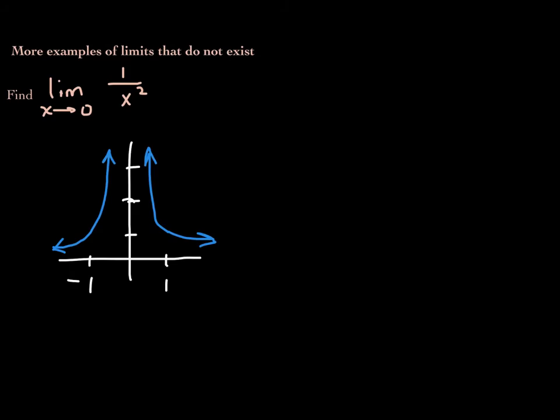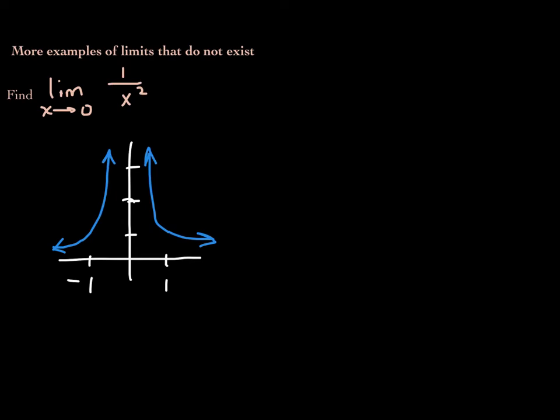Okay, this would be the graph, and you can plug in values if you'd like to get the graph, or just realize that this ratio will never be negative, because the denominator will always be positive. Regardless of what real number you plug in for x, x squared will always be positive, so this will always be a positive output, so the whole graph is above the x-axis.